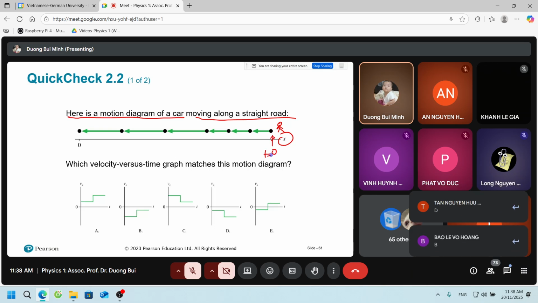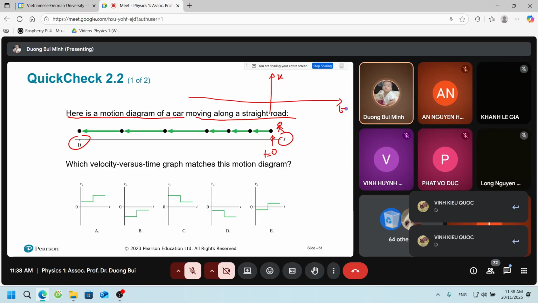Time is 0 here, and x is 0 here. I will analyze using this as x and this as time.